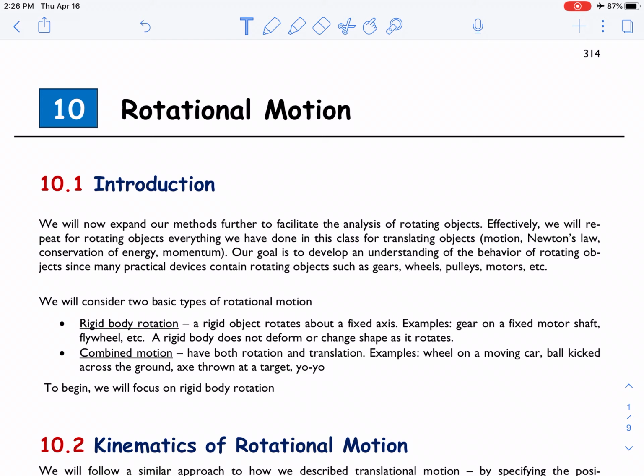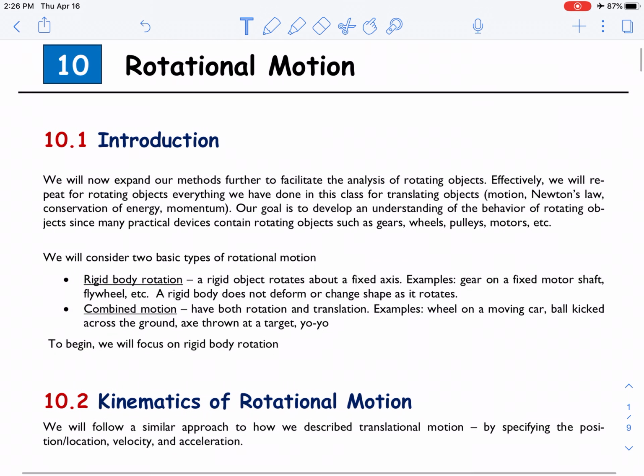Okay, so let's start with rotational motion then. We will expand our methods further to facilitate the analysis of rotating objects. And we will repeat for rotating objects everything we've done in this class for translating objects. So we have now translational motion. That's what we learned in chapter 2 and 4.